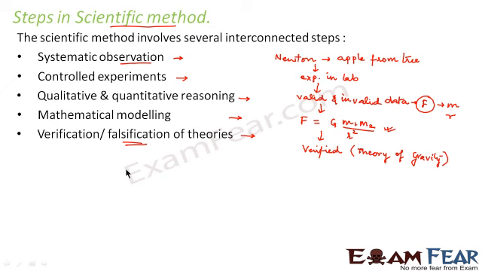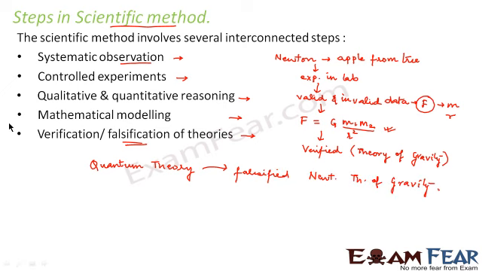Newton's theory of gravity was considered a truth for many centuries. But a time came several years later when something called quantum theory came into the picture. And then it was found that Newton's theory of gravity failed at the quantum levels. So the quantum theory kind of falsified Newton's theory of gravity.